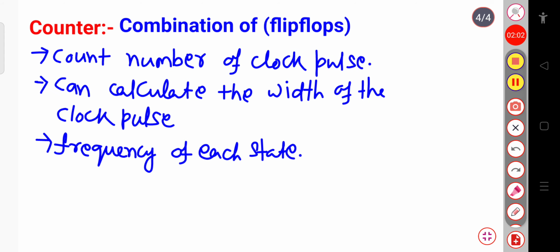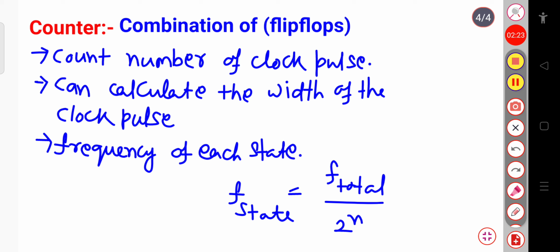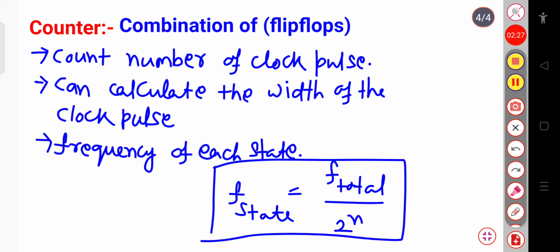What I mean to say is that the frequency means the state in which you will get the output. That frequency, f state, will be equal to the original clock pulse frequency, f total, divided by 2 power n. This is the most important relation that is asked in your exam. F state equal to f total divided by 2 power n.